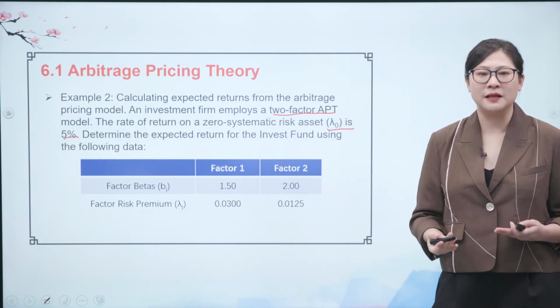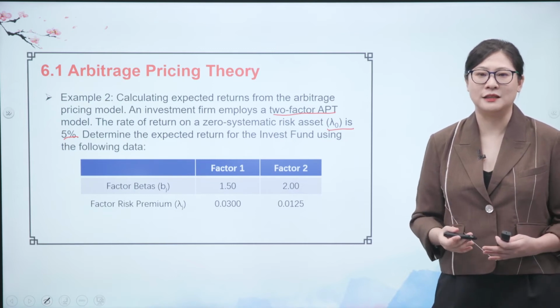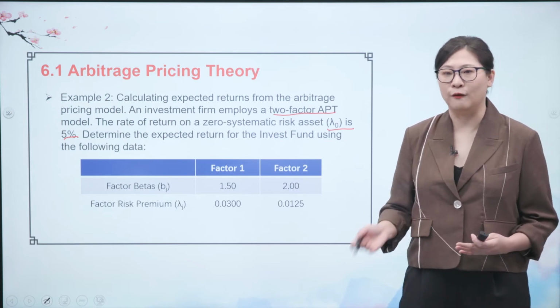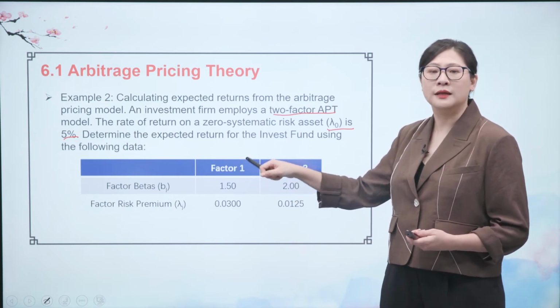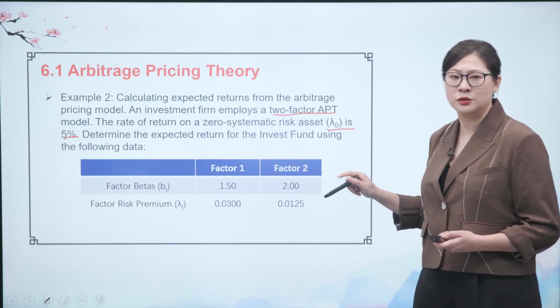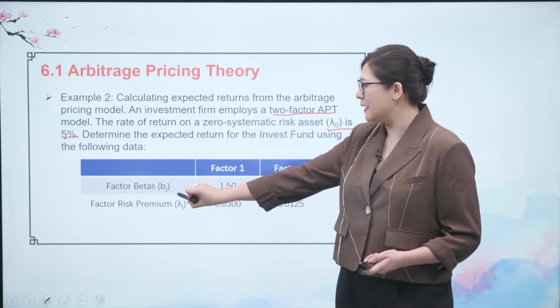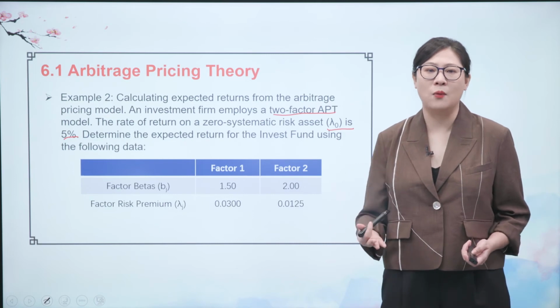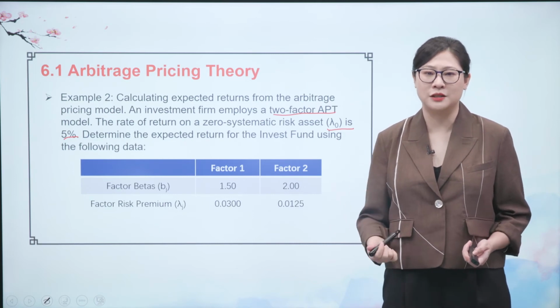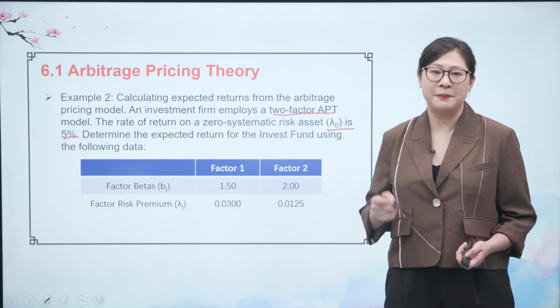And determine the expected return for the investor's fund using the following data. So let's have a look. In the following data I give you factor 1 and factor 2, the factor betas, and also the factor risk premiums. So how can we calculate the expected return for this APT model?